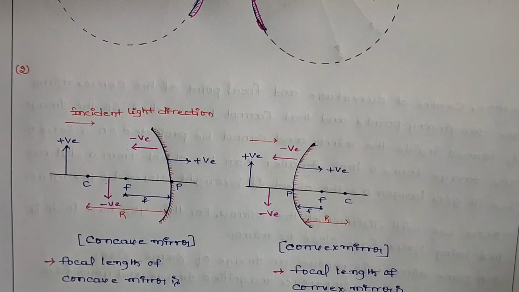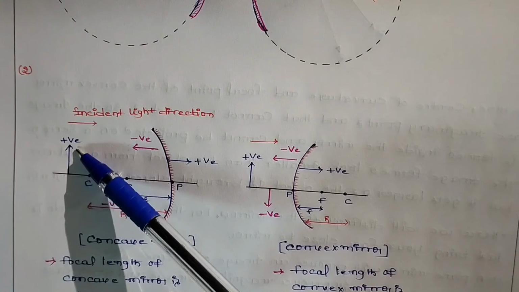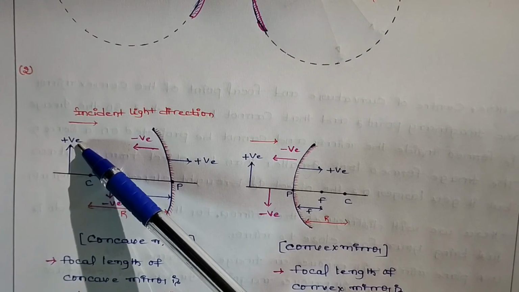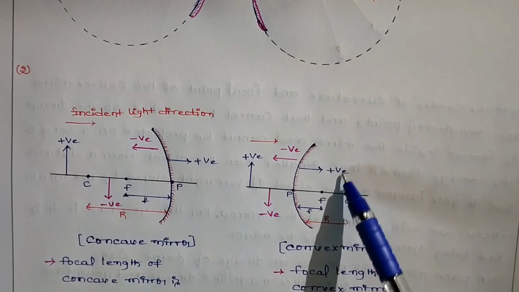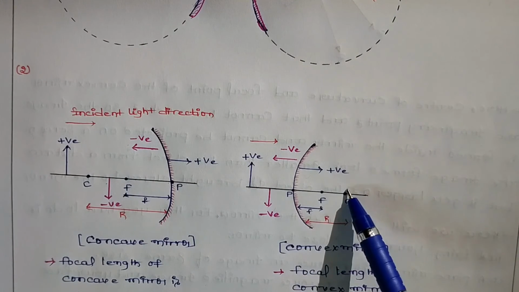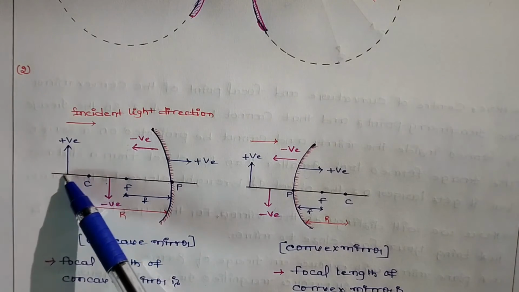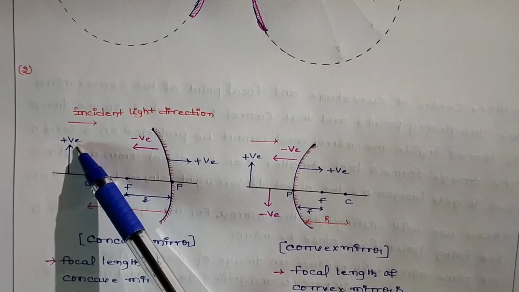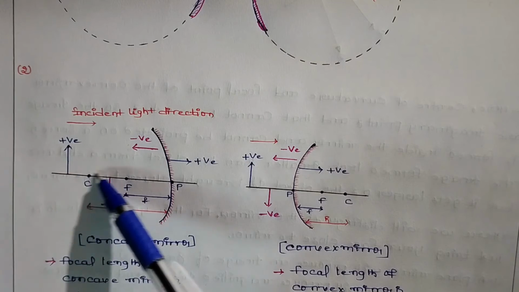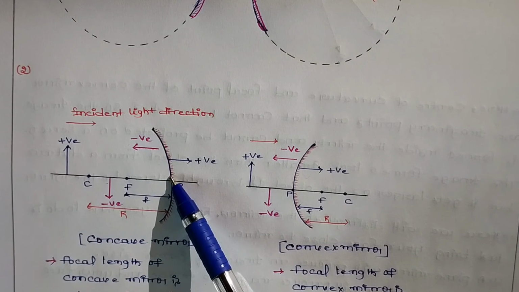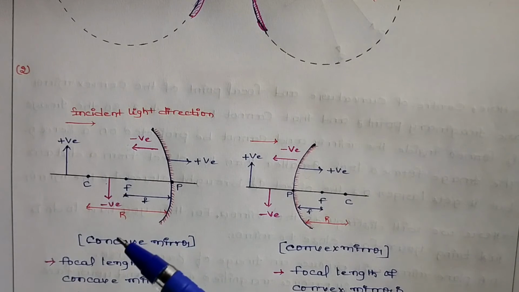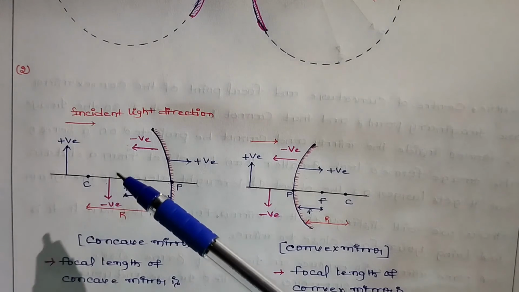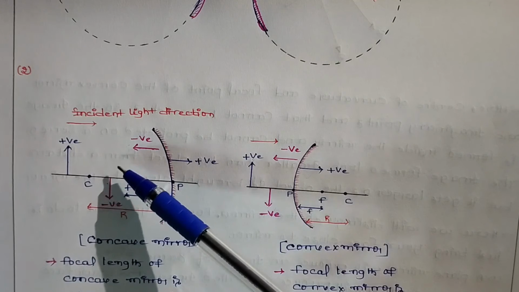The height of the object and the height of the image are positive if we measure those heights from the principal axis upward. Negative will come if we measure downward from the principal axis.